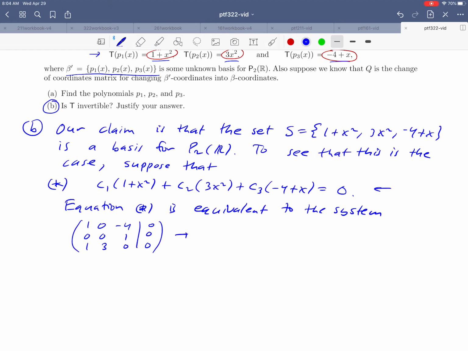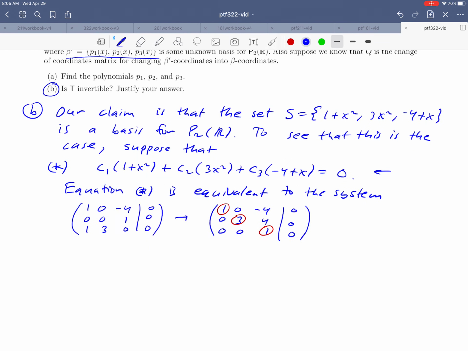If you go ahead and do row operations on this and reduce it down to echelon form, you come down to here. Notice that we've got a pivot in every column in this case.